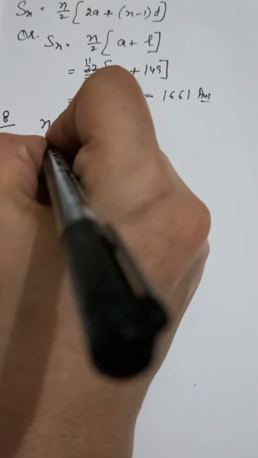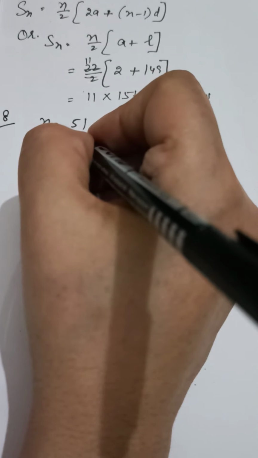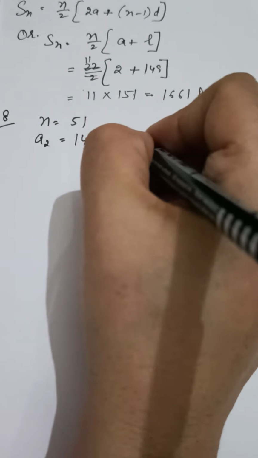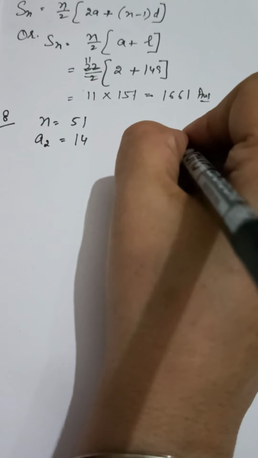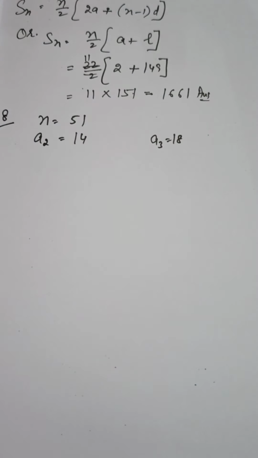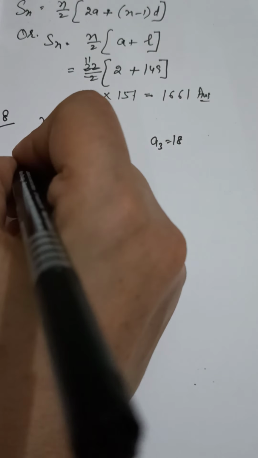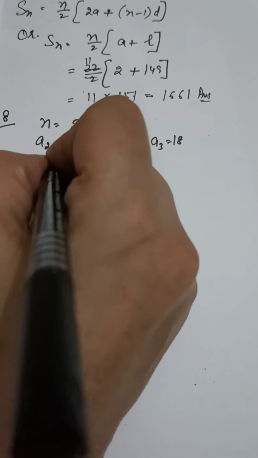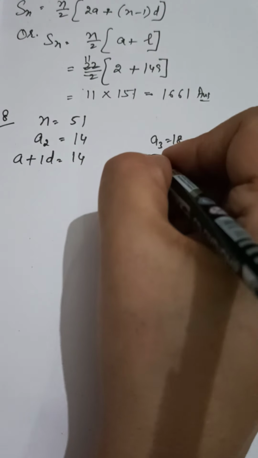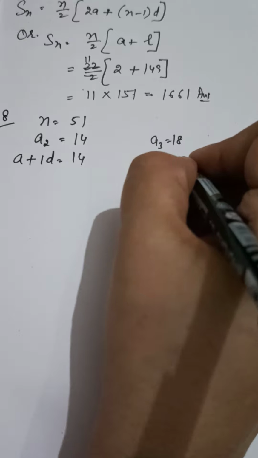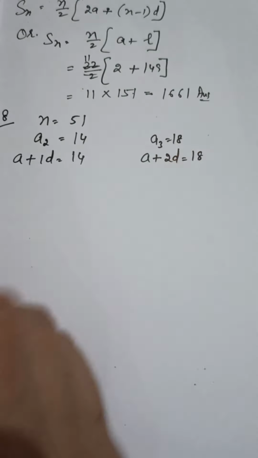Second term A2 is given to us, that is 14, and A3 is given to us, that is 18. So A2 is a plus 1d, that is 14. And A3 is a plus 2d, that is equal to 18.